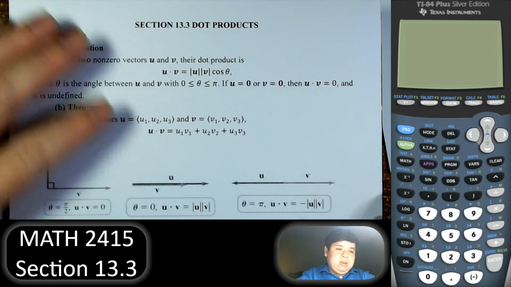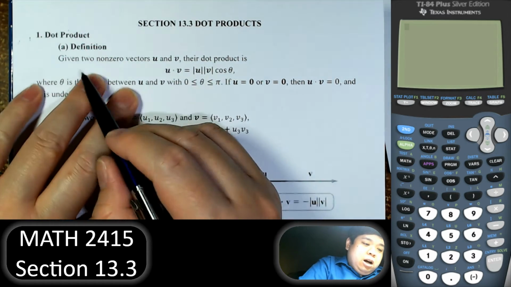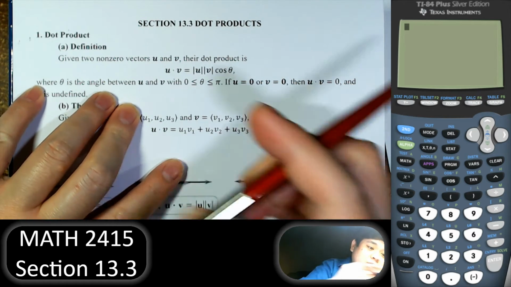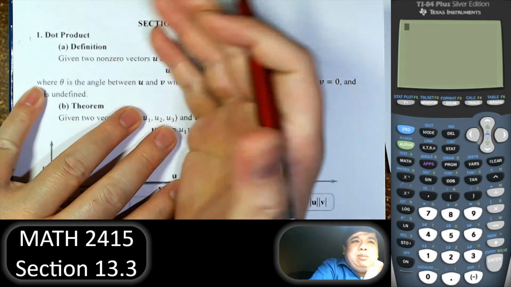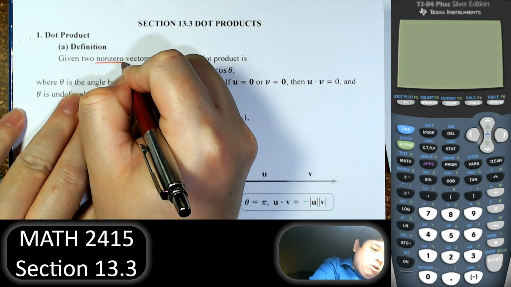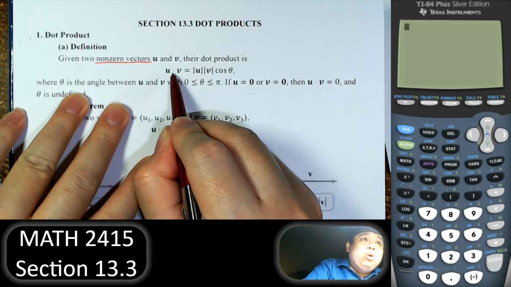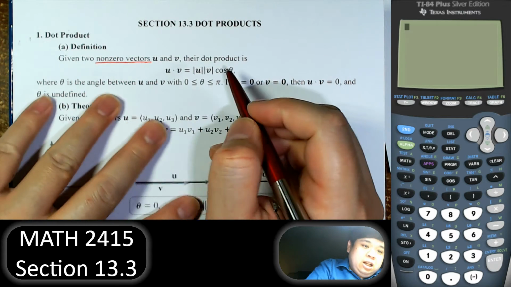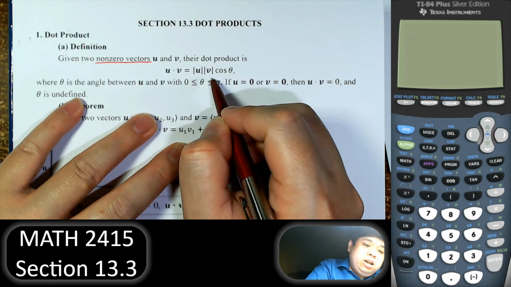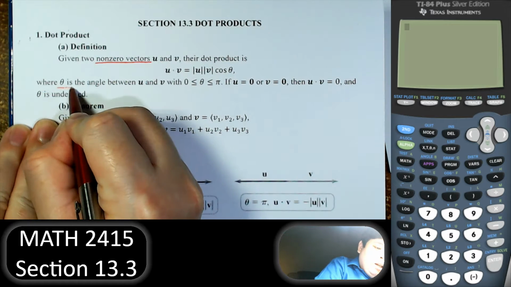Right, dot products. The dot product given any two non-zero vectors. So any vectors, but of course it can be zero too, but we define that for non-zero vectors. The notation is u dot v equal to the magnitude of u times the magnitude of v times the cosine of the angle between u and v.